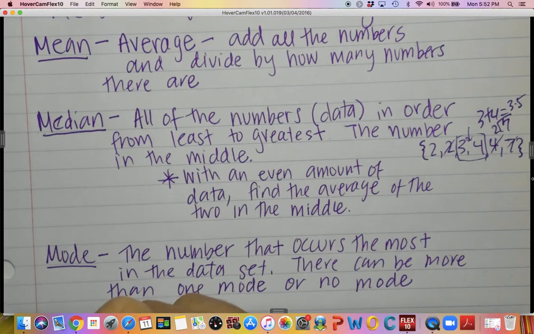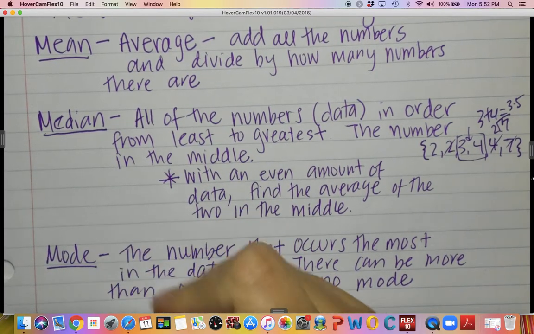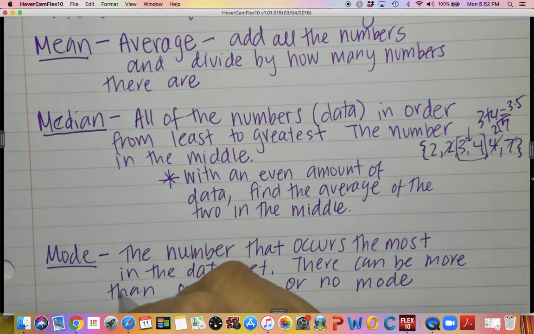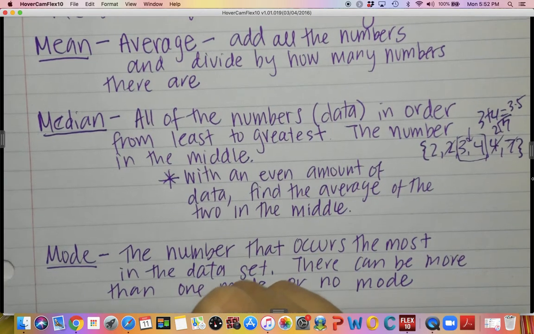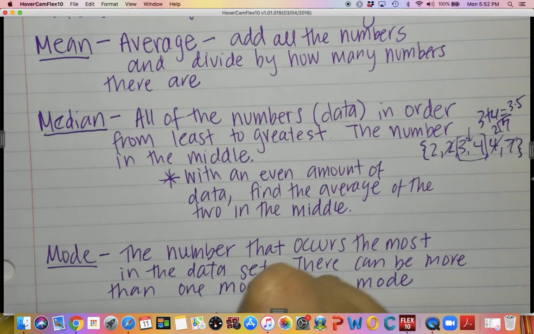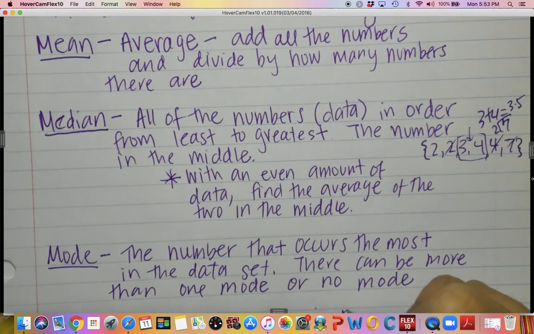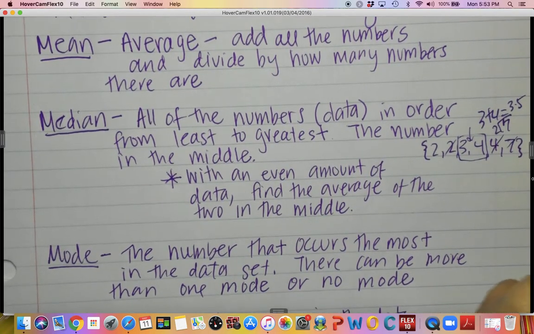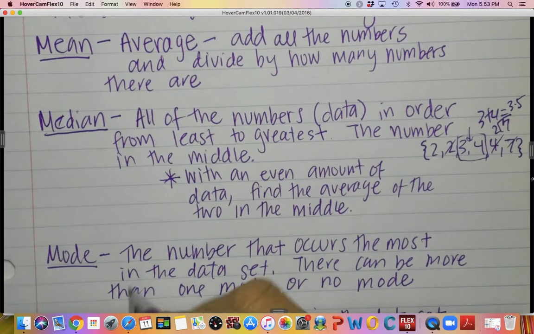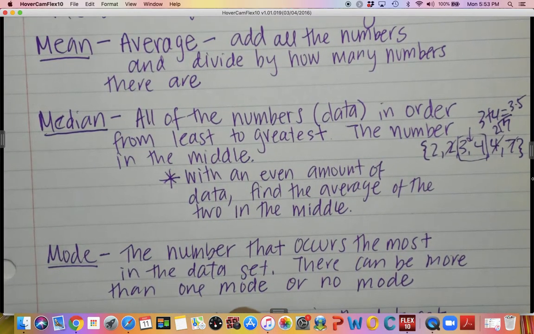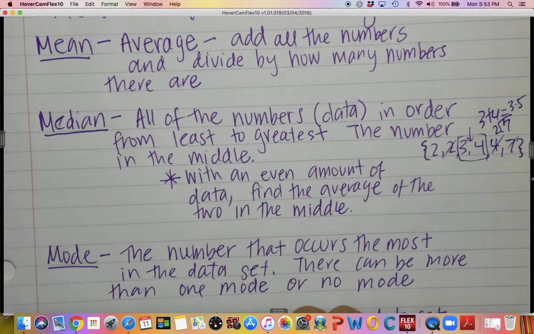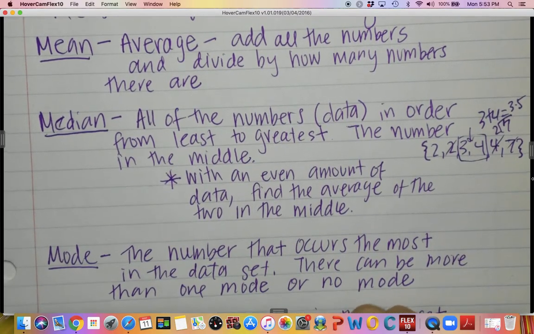Range is the largest number in the data set minus the smallest number.